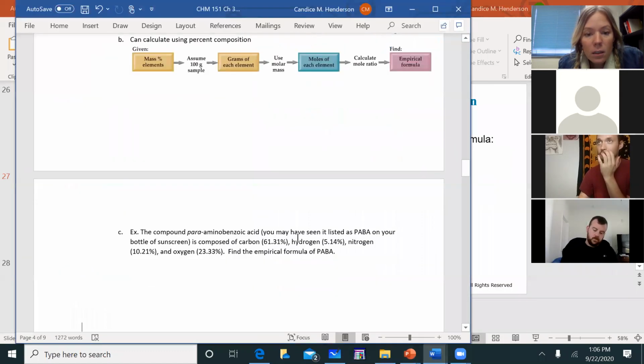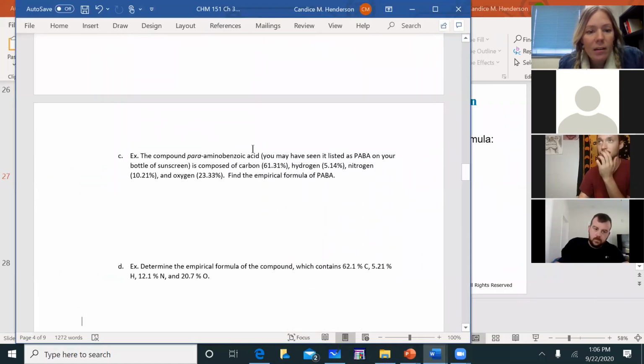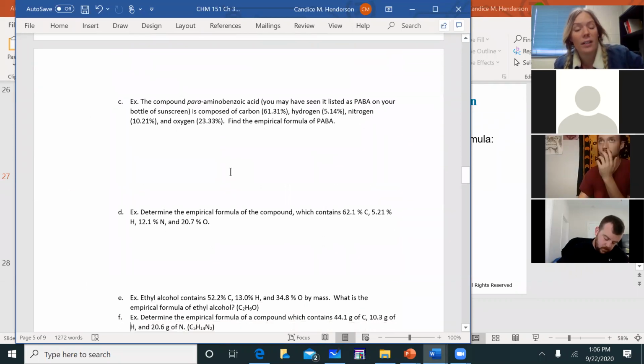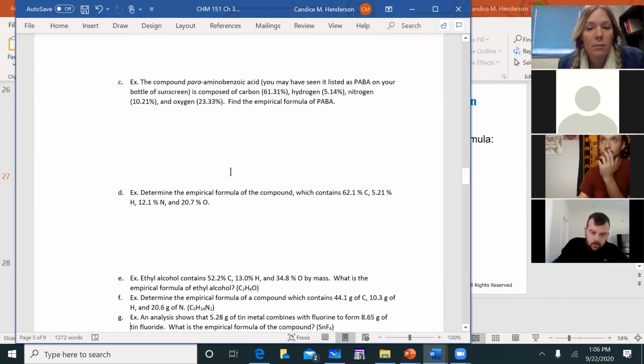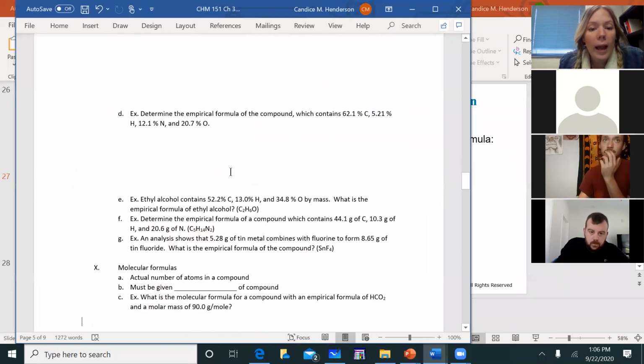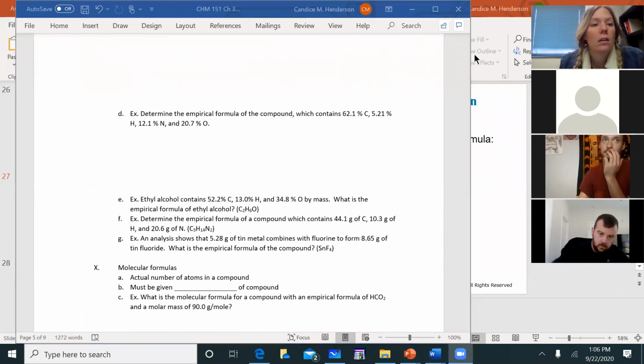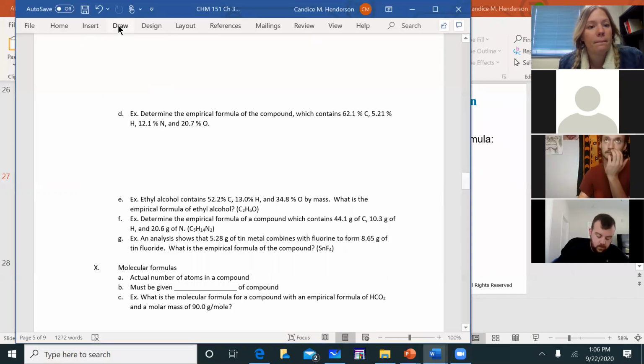This one is the one we already did. That's for the PABA. I want you to do this one right here, D. In this problem, determine the empirical formula.